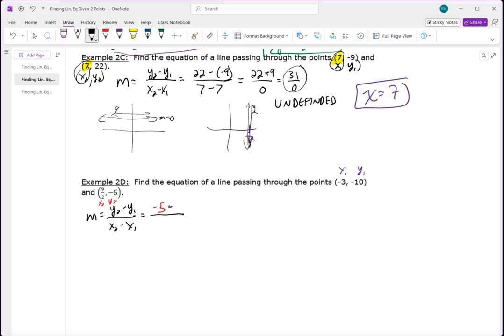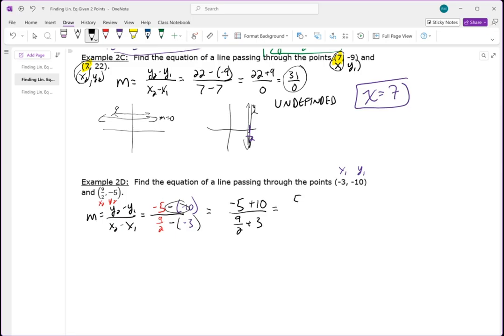I'm going to subtract my y1, which happens to be negative 10. Then I'm going to plug in my x2, which is 9/2, minus my x1, which is -3. So all sorts of symbols here. Remember, two negatives are going to equal a positive. So both of these are going to end up being added.